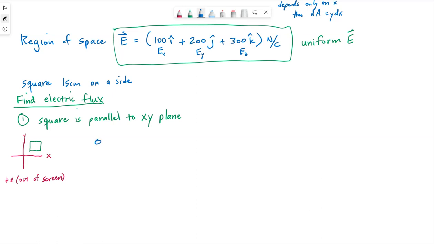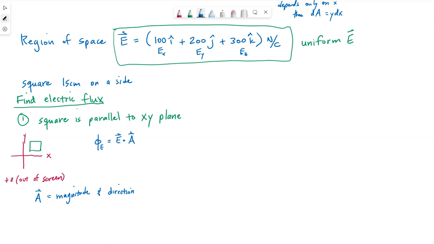So to calculate the flux, we're going to take E dotted with the area vector. Now the area vector, remember, has a magnitude, which is just the area of this shape, and it has a direction.